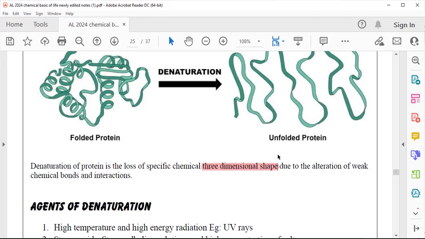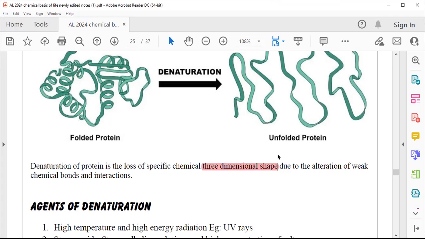Right. Now, if you take some egg white, egg white is a protein. If you put that egg white on a hot plate, in a hot oven, to what color will it turn?